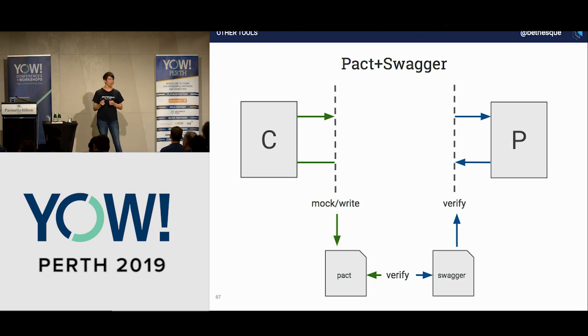What this relies on, though, is that your Swagger document is in sync with your provider code. So you either need to make sure that your Swagger is generated from your code or is validated against a running instance of your provider.